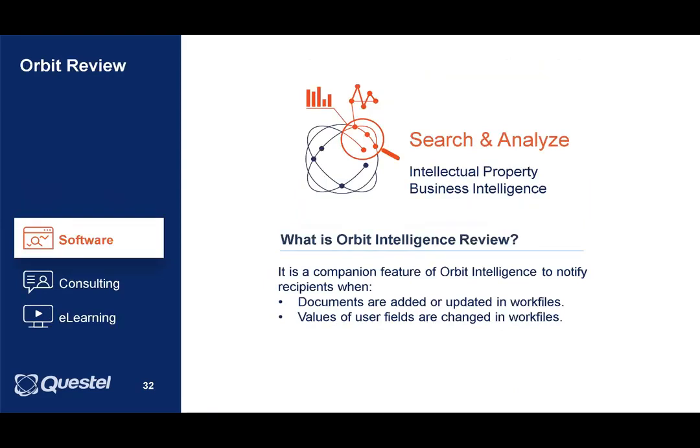We also complement this with a review system. The review system helps you understand, if you have given a document via work file to a stakeholder, whether they have added comments or made changes. For example, a technical analyst like an agrochemical expert may specify that this patent also covers a promoter sequence.